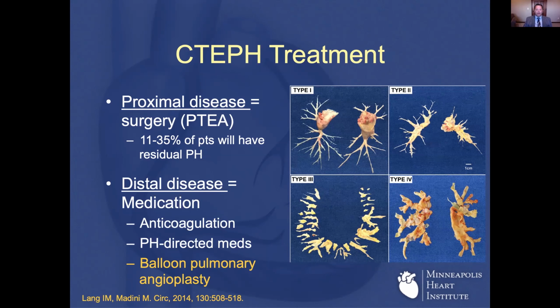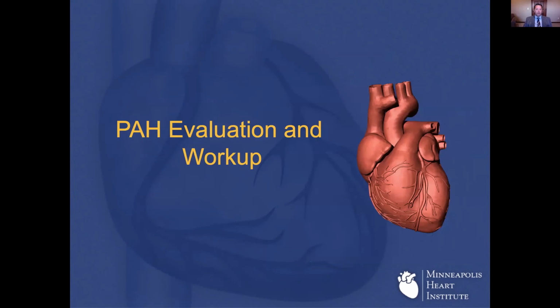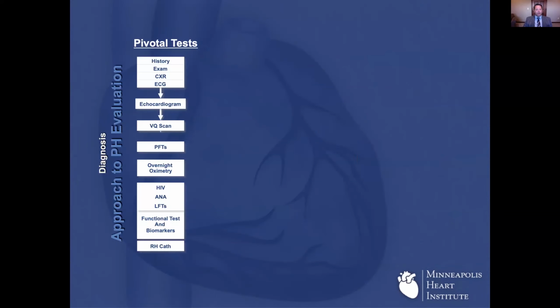When we look at the evaluation and workup, it's fairly extensive. Most patients undergo these basic screening tests with an echo, a VQ scan, pulmonary function testing, overnight oximetry, and then some labs, including functional test biomarkers such as NT-proBNP or BNP, and then a right heart cath.